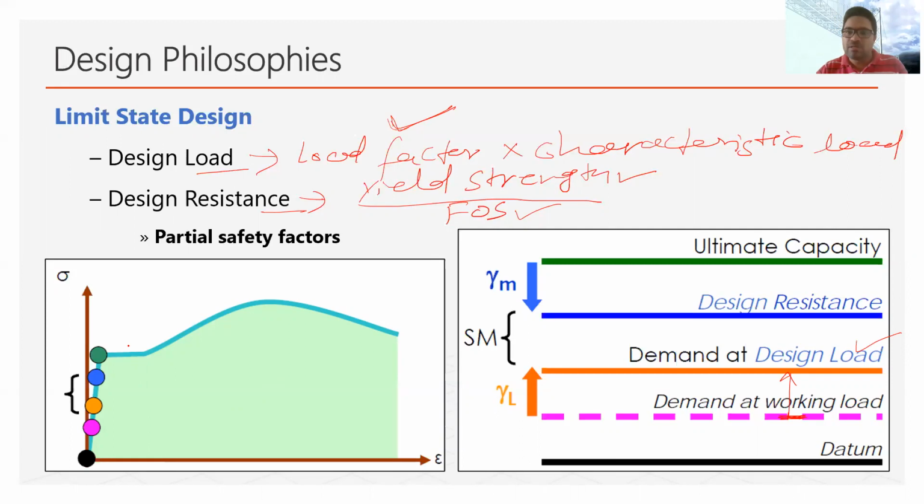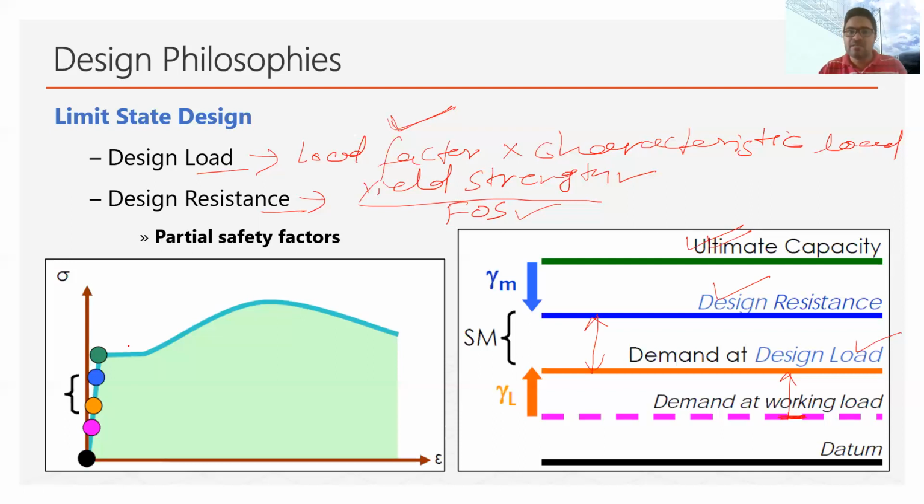Similarly, for the design strength concept, we have applied a factor on the ultimate or yield strength of the material, and then we get the design resistance. So design resistance is basically a fraction of the ultimate capacity or the yield strength. And then you can see the difference between design resistance and design load. This difference is called the safety margin.